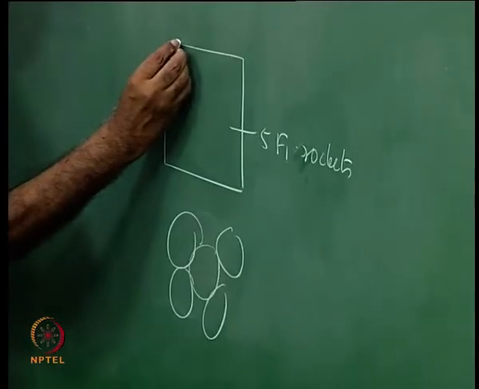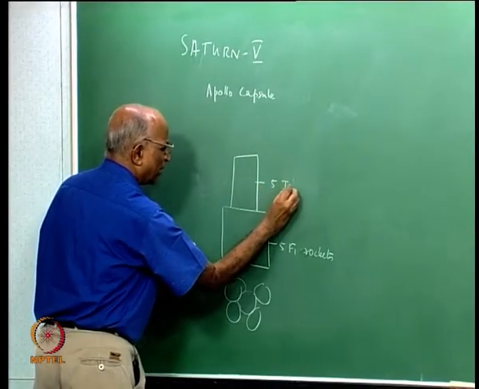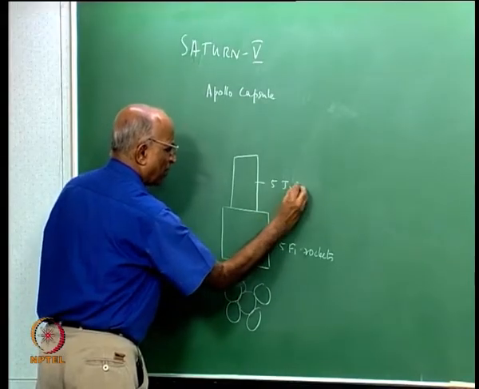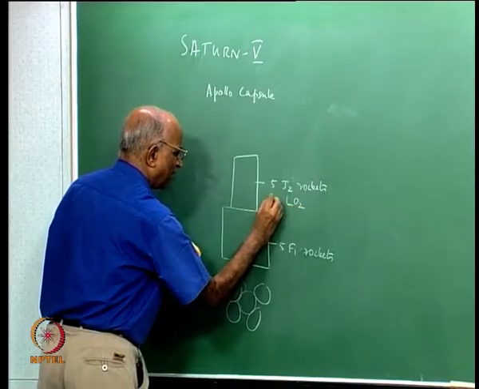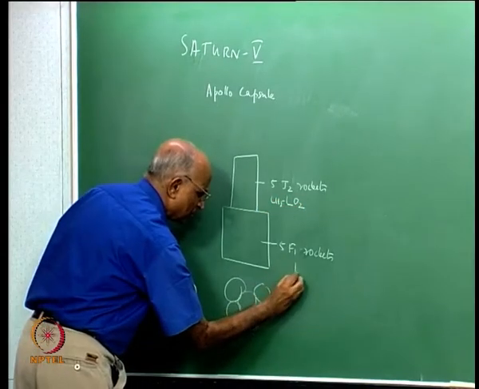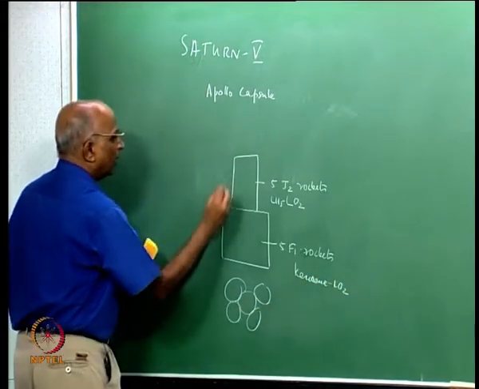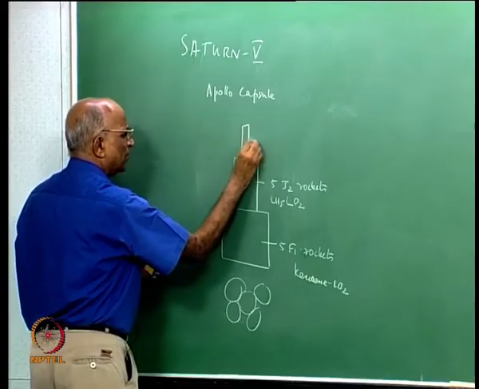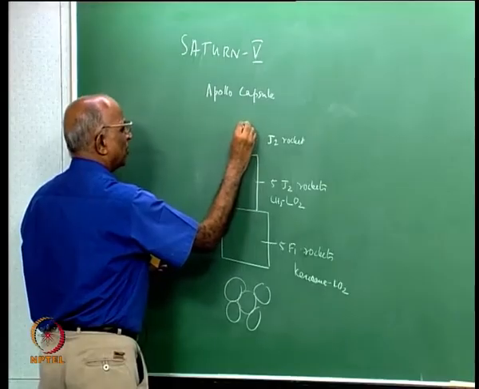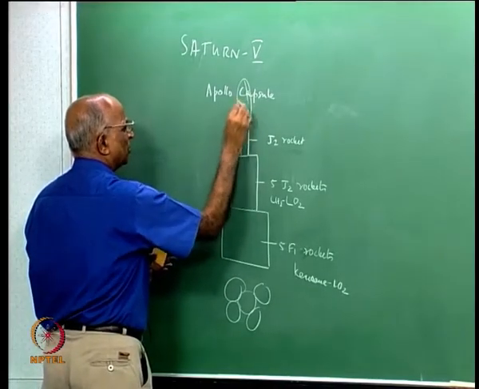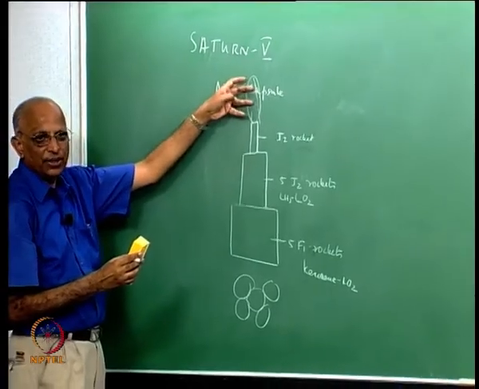The second stage similarly consists of a cluster of 5 J2 rockets. These are all names of the rocket, and the J2 rocket uses liquid oxygen and liquid hydrogen as fuel. The F1 uses kerosene and liquid oxygen as fuel, and on the third stage you have a single J2 rocket, and on top of this sits your capsule, the Apollo capsule, where the 3 people who travel to the moon sit.